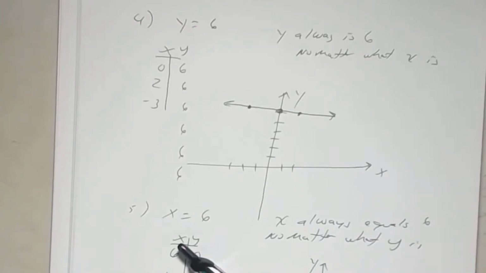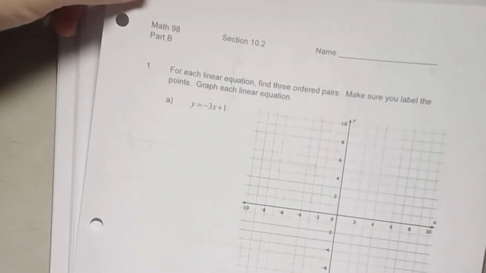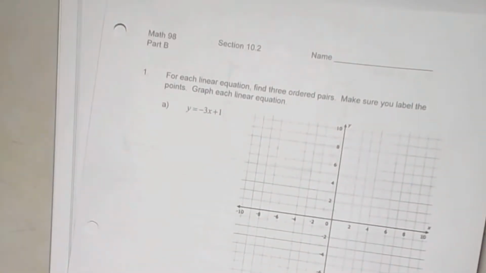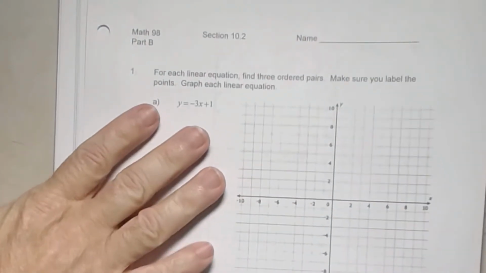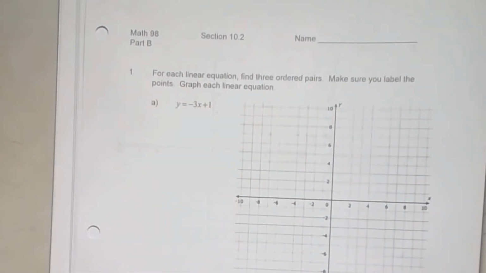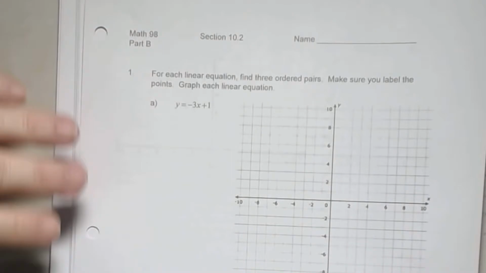Okay, so that worksheet, if you look at worksheet 10.2 part B, take that one out. That table, that second last table, is where all those handouts are. Okay. Thank you. So this 10.2 part B is what we just talked about.